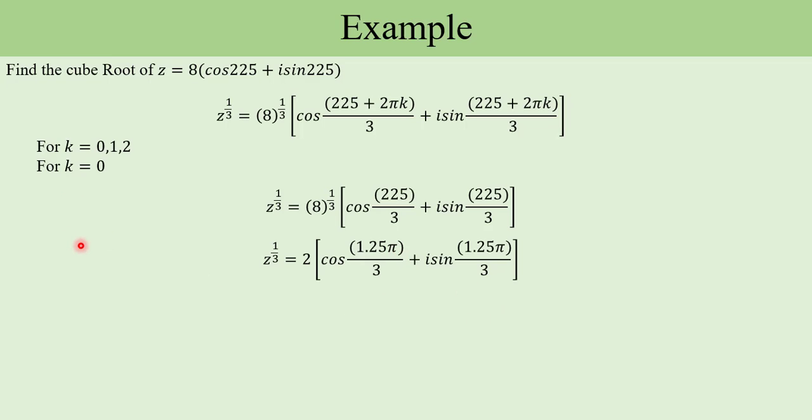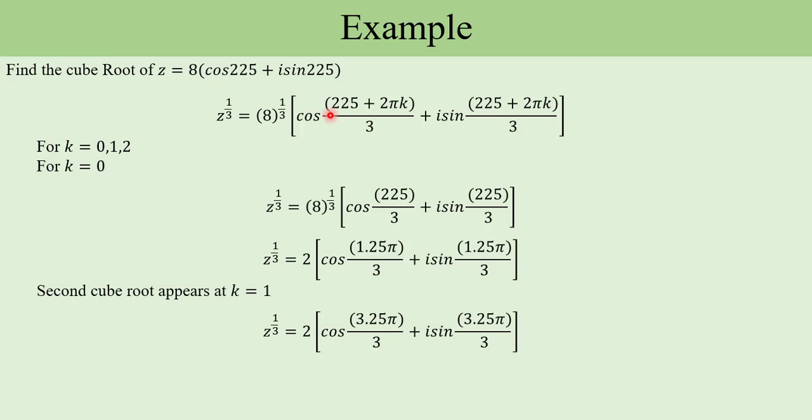Then the next will be when k is equal to 1, and that is the second cube root. So the second cube root appears at k is equal to 1, meaning that this time we substitute the value of k as 1. So when you substitute the value of k as 1, we shall have z power 1 over 3 is equal to 2 into cos 3.25 pi over 3 plus i sin 3.25 pi over 3.